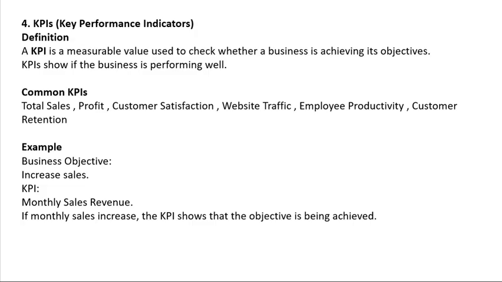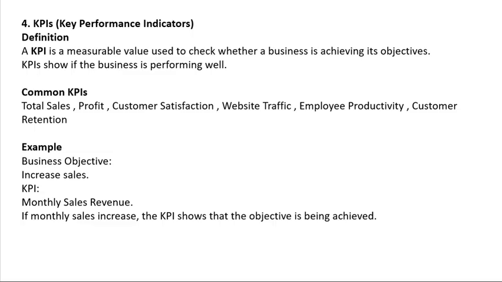Fourth, KPIs, or key performance indicators. A KPI is a measurable value used to check whether a business is achieving its objectives or goals. KPIs show if a business is performing well.